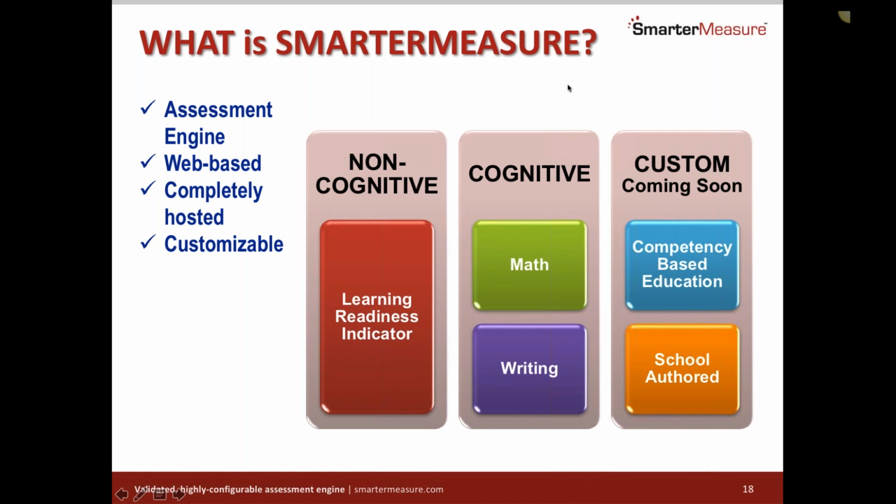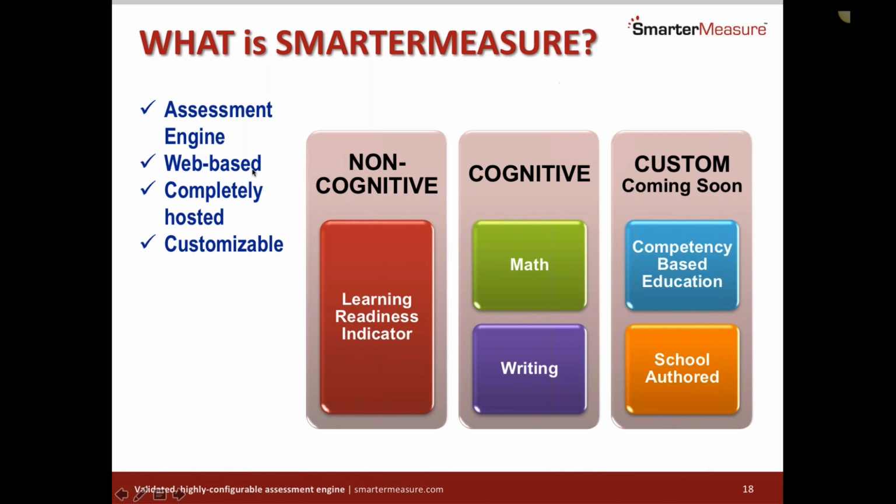When we talk about what SmarterMeasure is, it is a non-cognitive indicator or instrument measuring their non-cognitives. Our assessment engine that we're recently deploying is specific enough that we do have cognitive assessments, math and writing, readiness pieces. We're also in the competency-based education space, and the ability for schools to author their own.